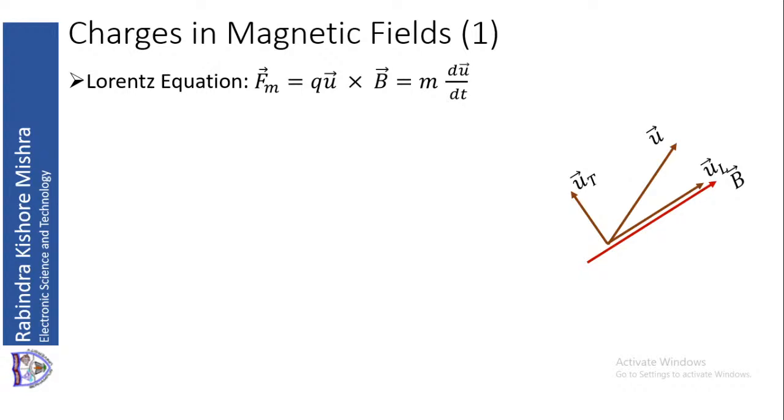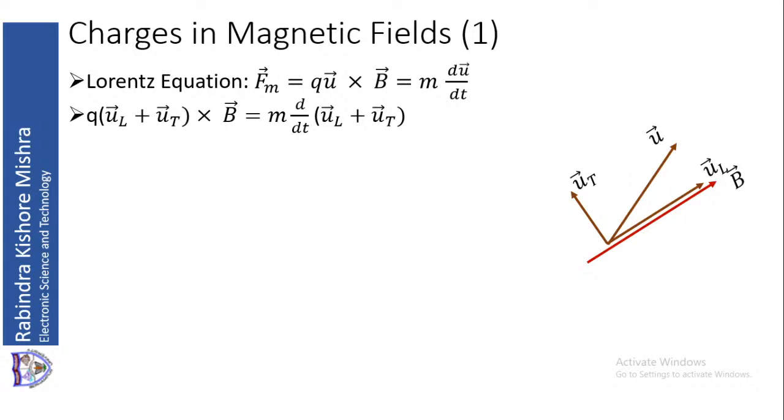Since this is a force equation, the force will be equal to mass into acceleration. The mass of the charged particle is m, and the acceleration is du by dt, the time derivative of the velocity u. Therefore, the final equation is F, which is Q u cross B, equal to m into du upon dt.